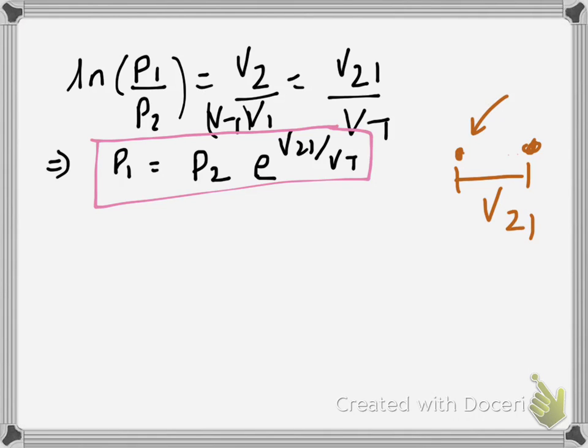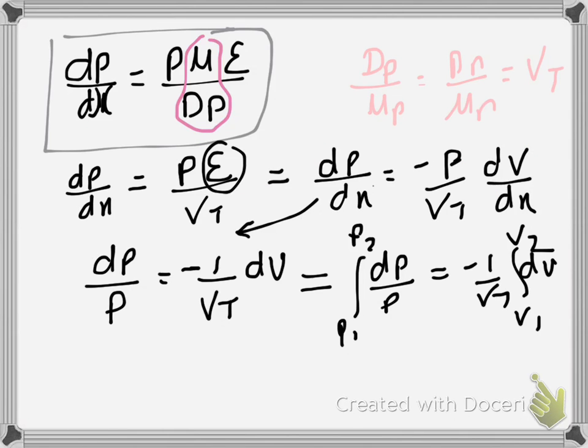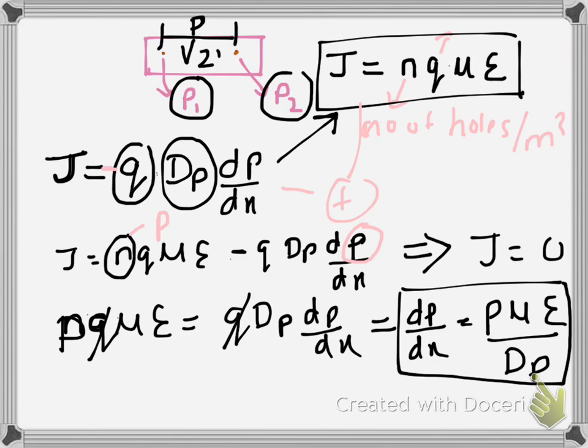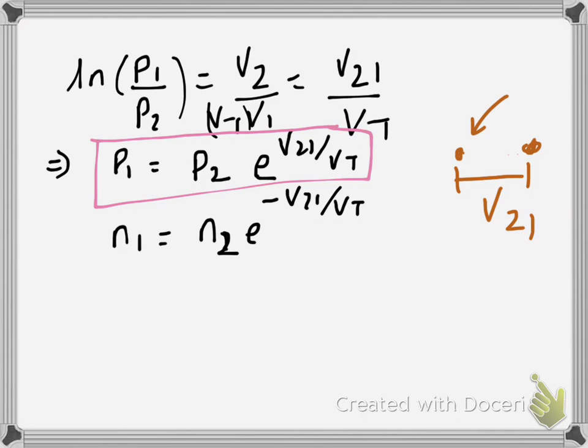Now if you do the same workout for the n-type material, for the electrons, we get that n1 is equal to n2 e raised to the power of minus V21 by Vt. You can work it out again the same way. In this part we had considered a negative, and it goes off and becomes positive, and hence the minus V21 part will be included.